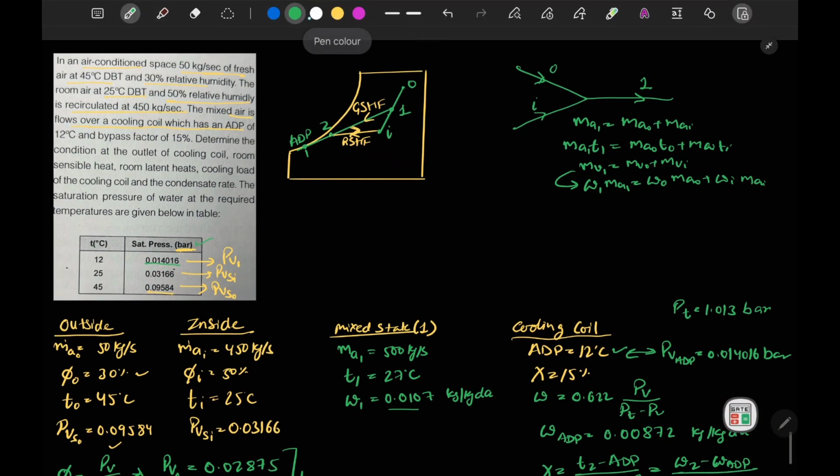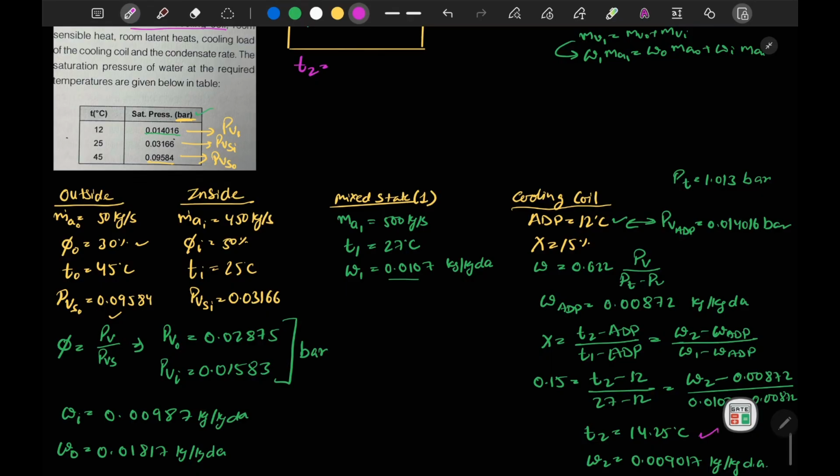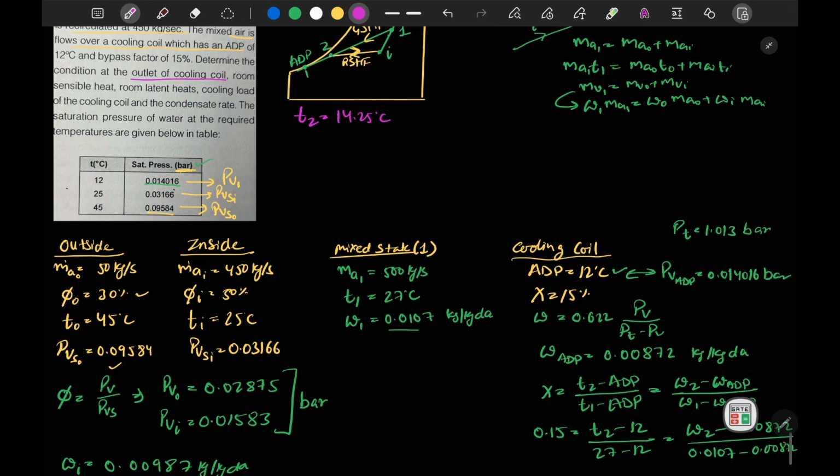So the outlet of cooling coil is our T2 value. We have calculated T2 value to be 14.25 degrees Celsius. Next, it asks for room sensible heat, room latent heat, cooling load of the cooling coil, and condensation rate.